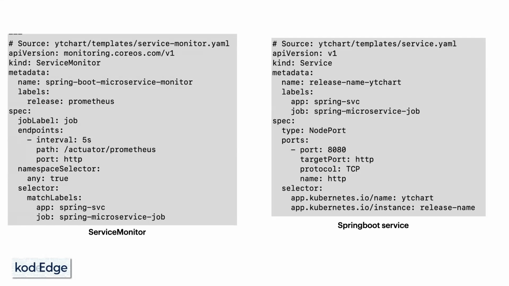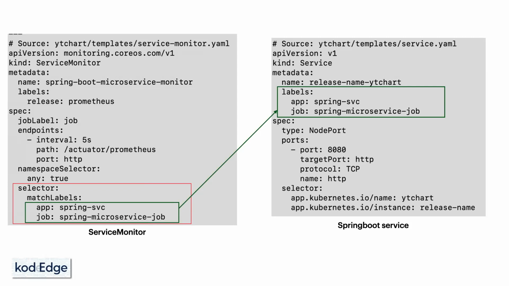So this is our application service, and the service monitor contains a section called selector, and in the selector you need to give the same labels that you have given into your application service. And by doing this, our application service will get attached with the service monitor.